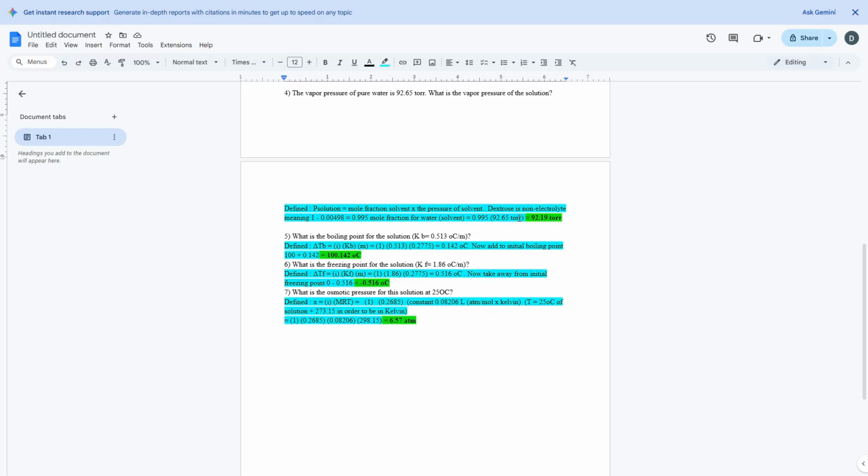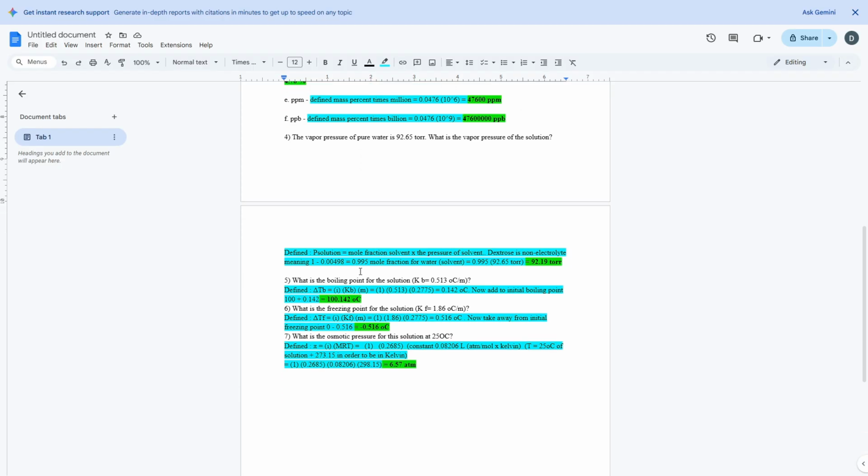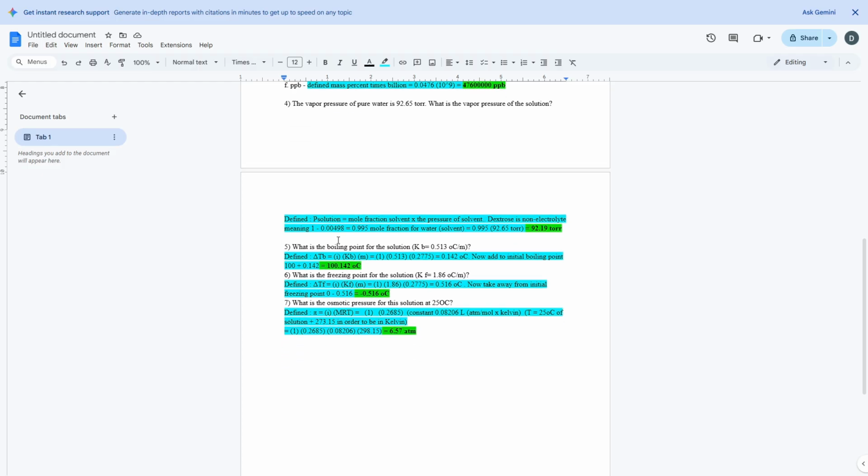And so we know that dextrose is a non-electrolyte, meaning that we could use that formula of 1 minus the mole fraction of our solute, which we found back here in part C, which gives us 0.995 mole fraction for our water, which is our solvent. And so we simply plug it into our formula of that 0.995 times our given pressure, and we get 92.19 torr as our vapor pressure.